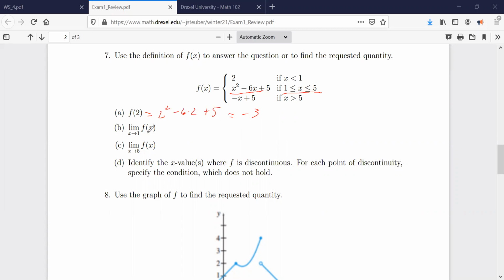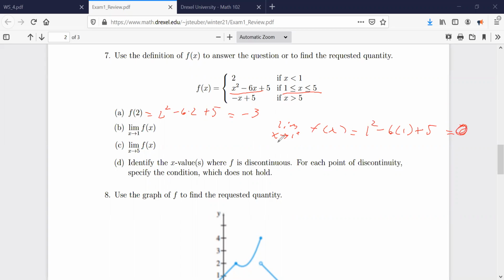So for the limit of f of x as x approaches 1, I have to check: does the right-hand limit agree with the left-hand limit? The limit as x approaches 1 from the positive side of f of x is going to be equal to 1 squared minus 6 times 1 plus 5, so that's going to be equal to 0.